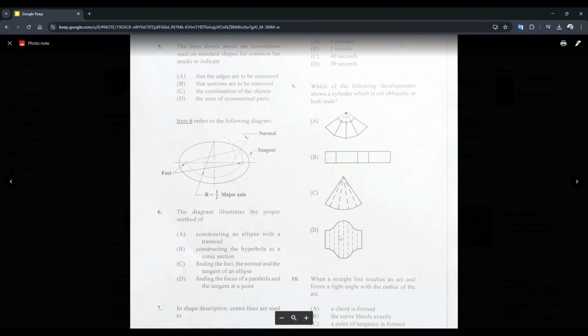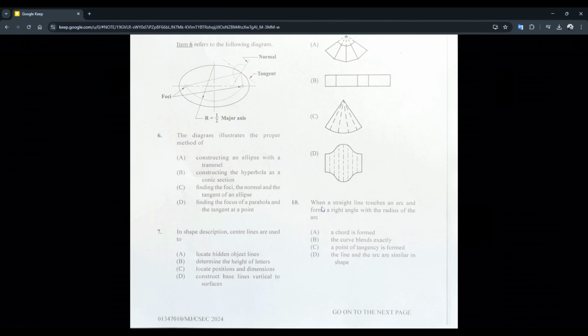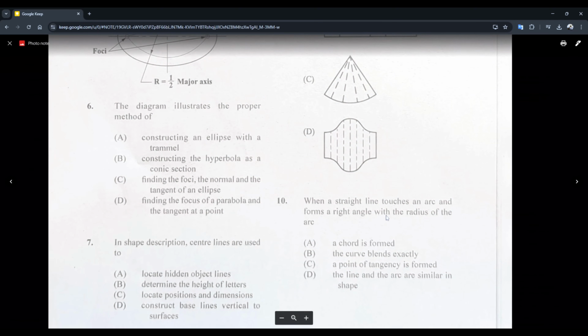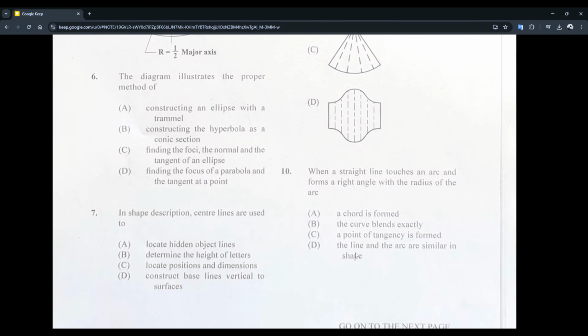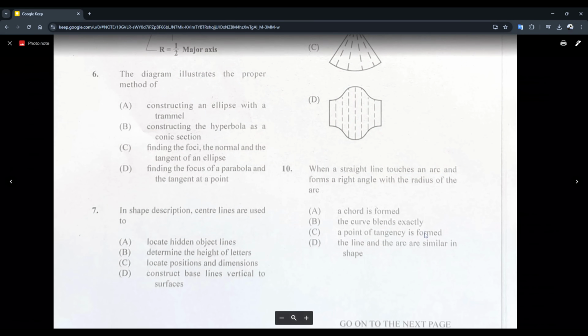So the answer is D. So this is a cylinder, it's smooth, and yeah, it's cut obliquely at both ends. Number 10, when a straight line touches an arc and forms a right angle with the radius of the arc, a point of tangency is formed. So number 10, D.